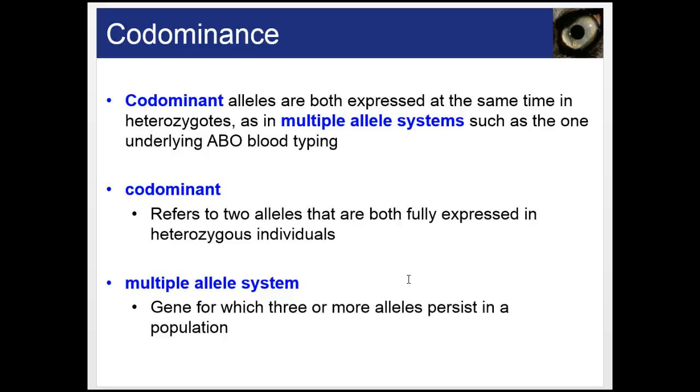For instance, I have type O blood because my mother gave me an O allele and my father gave me an O allele. This is a multiple allele system as well, besides being codominant with the A and the B, and both of those completely dominant over the O. So a lot of situations going on there with the blood types.